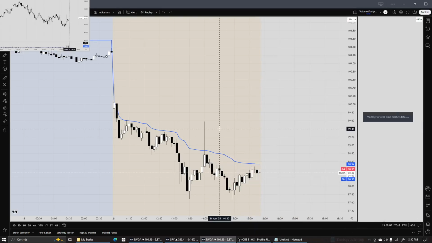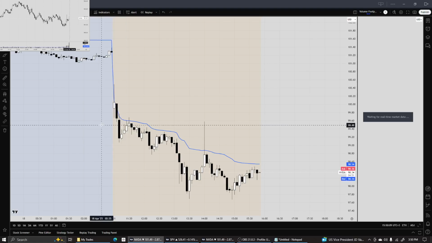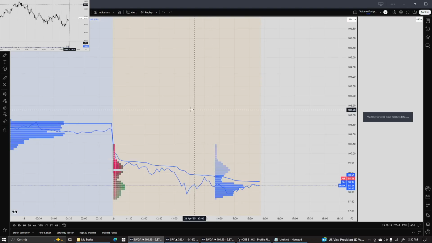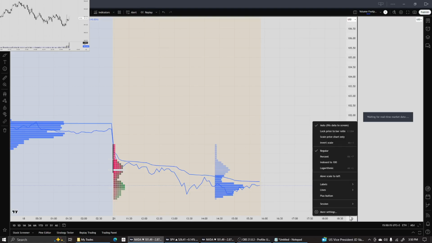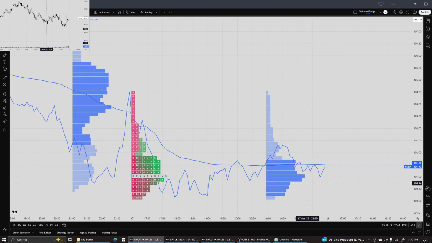Now it says use TPO to mark the previous day's POC. I will mark time price opportunity. I will remove, sorry, regular trading hours.